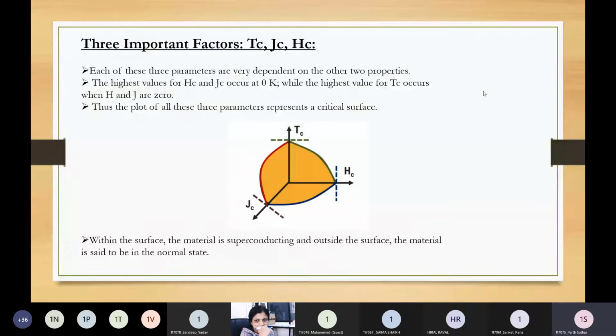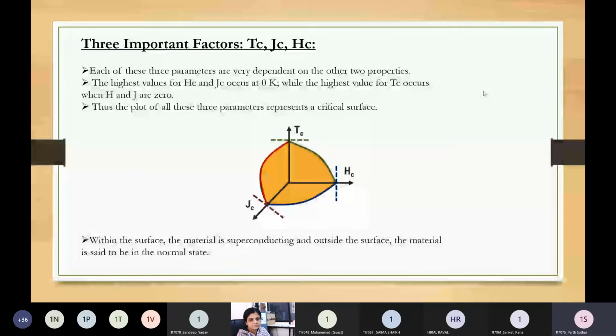So I have plotted all the values on three-dimensional axis, and we have got this graph. Here in this graph, the surface that comes out is known as critical surface, which means this graph acts as a boundary and it separates two distinct states, that is superconducting state and normal state.